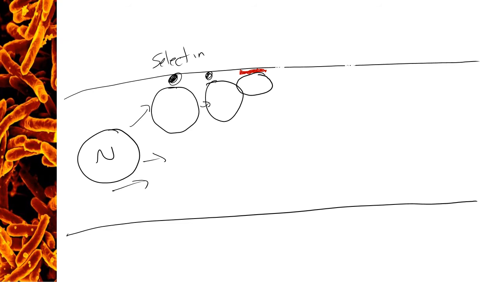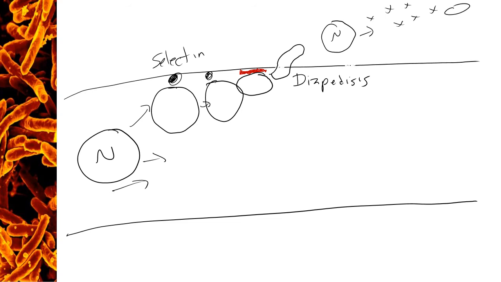And now that they've stopped, they're now able to squeeze through and complete that diapedesis process, the actual squishing through the endothelial wall. Remember, once they're on this side, they're going to follow that gradient of chemokines or cytokines to wherever the site of infection was, to wherever our bacteria were.